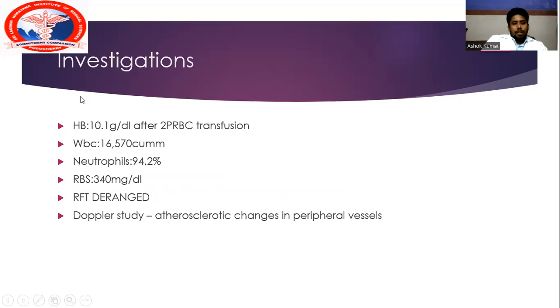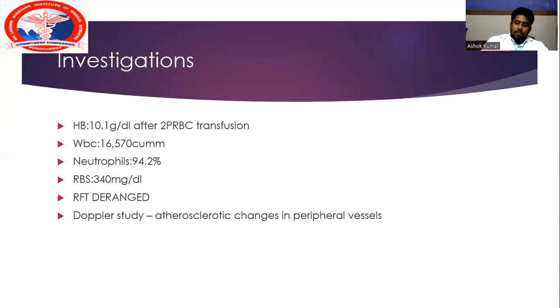His hemoglobin initially was around 7 gram per deciliter, but we transfused him with 2 units of packed red cells. After the transfusion, his hemoglobin came up to 10.1 gram per deciliter. His counts were also elevated, 16,570 per cubic millimeter.